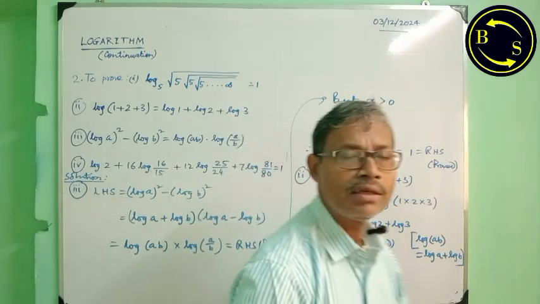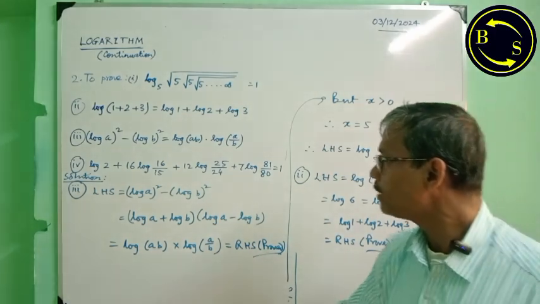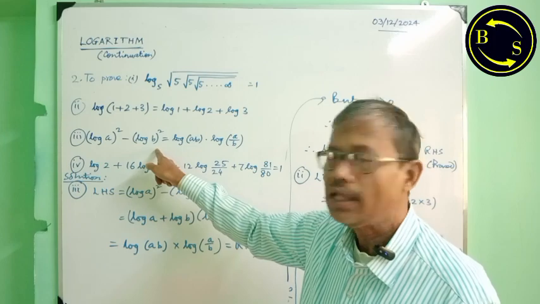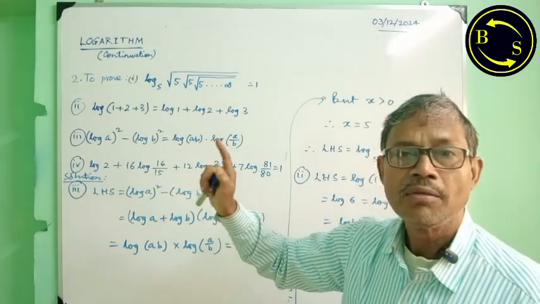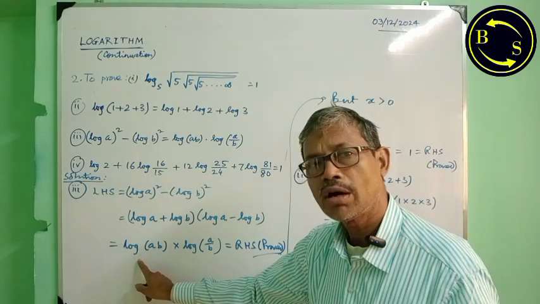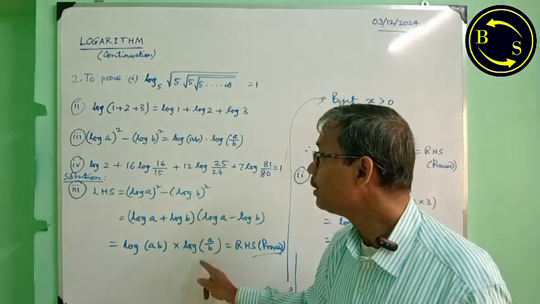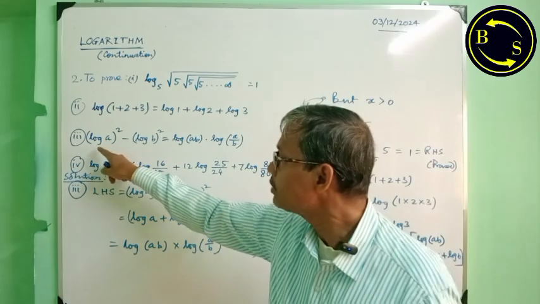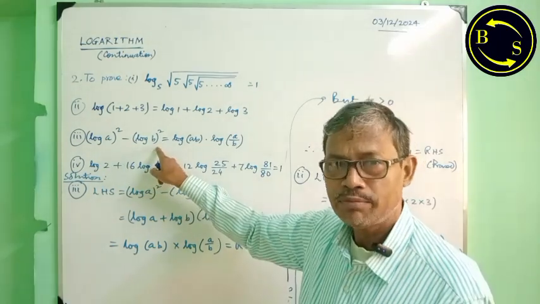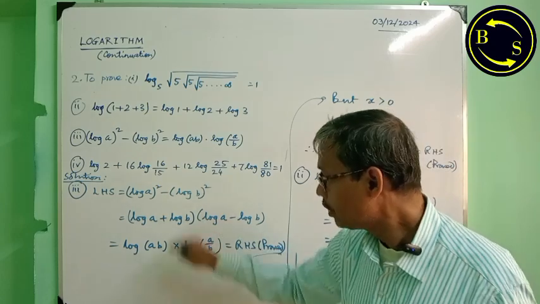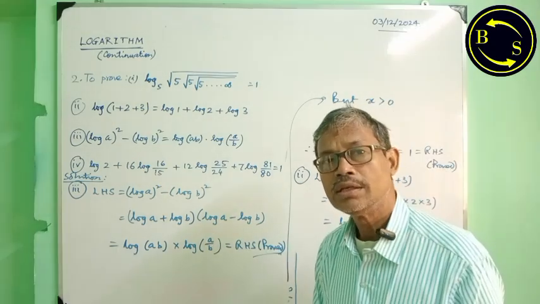This question may be asked like this: you express this expression as a product of two logarithms. You see, this is one logarithm, this is one logarithm. Therefore, the question may be asked like this. You express this as a product of two logarithms. Then you are to follow these steps.